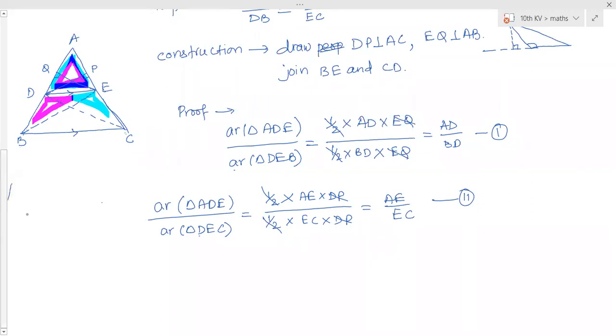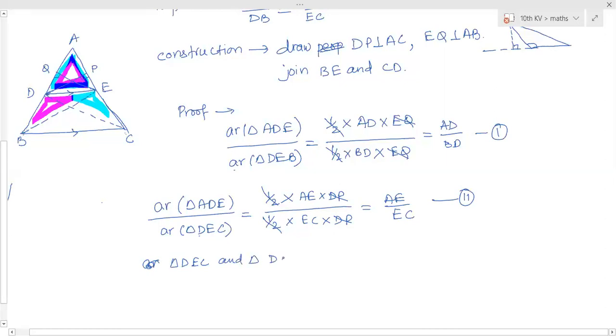So triangle DEC and triangle DEB lie on the same base DE and between the same parallels, DE parallel to BC.